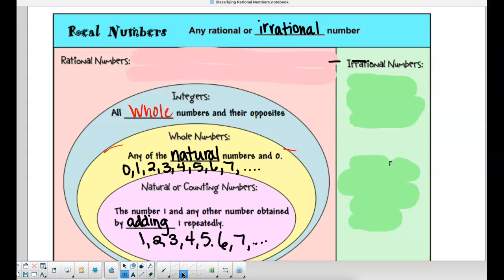Yeah. It'd be like 5 and negative 5. 7 and negative 7. Is 2 an integer? Yeah. Is 0 an integer? Look at the definition. It says all whole numbers and their opposites. So is 0 an integer? Yeah.